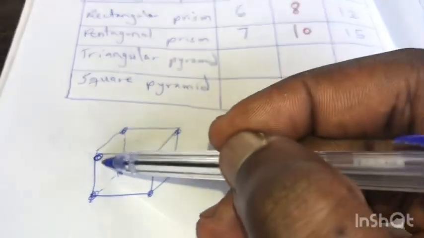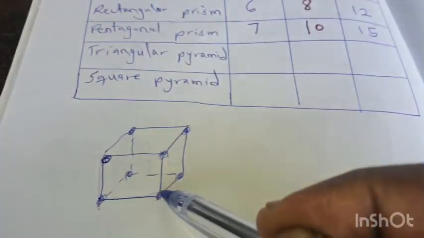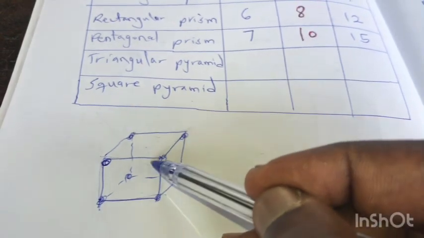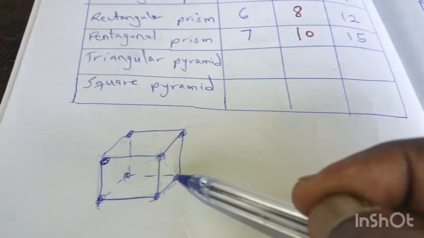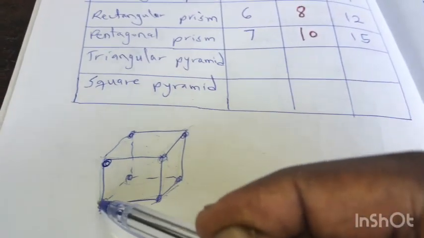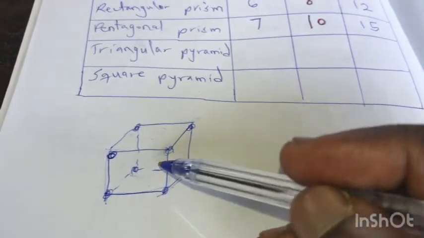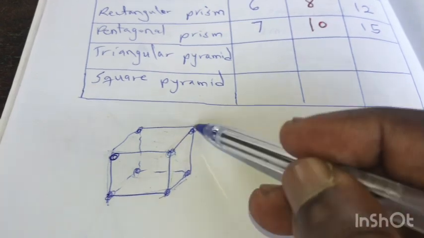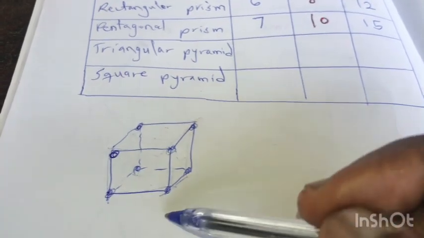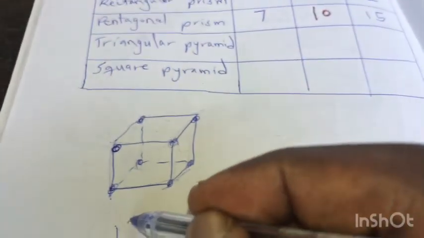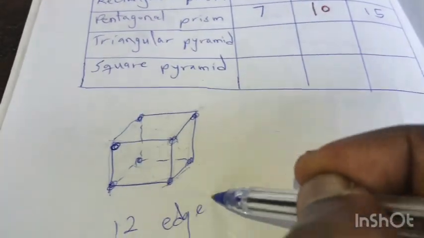Let's count this one: 1, 2, 3, 4, 5, 6, 7, 8, 9, 10, 11, and 12. So we see the lines are 12. How many edges? 12 edges.